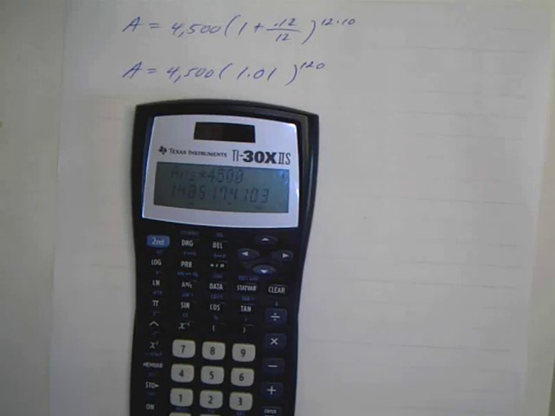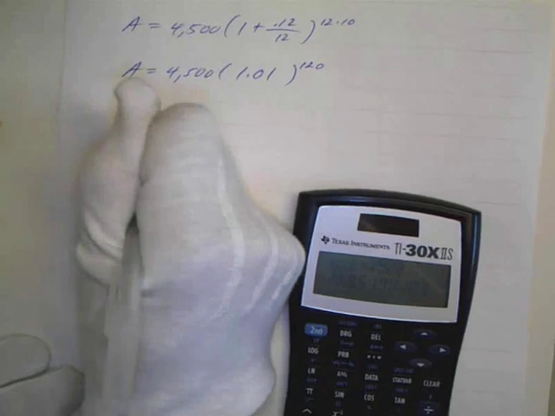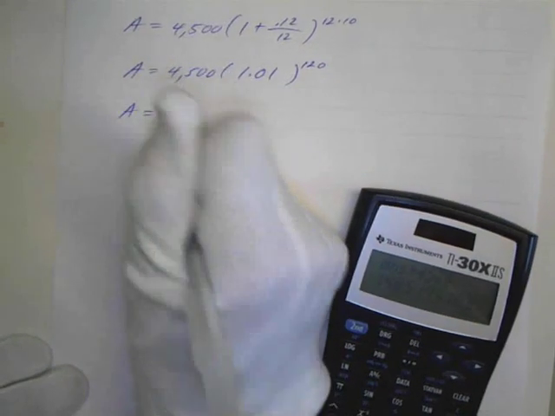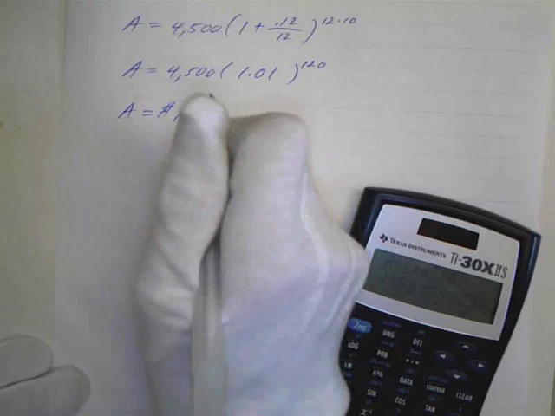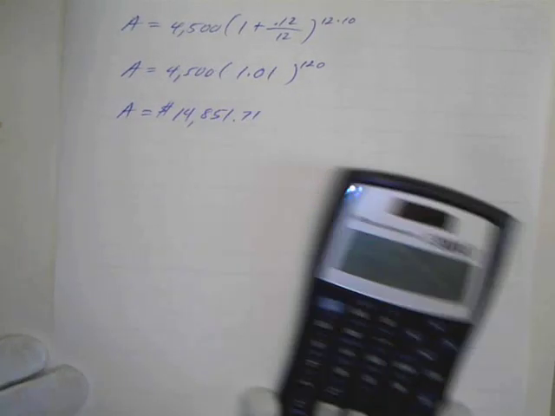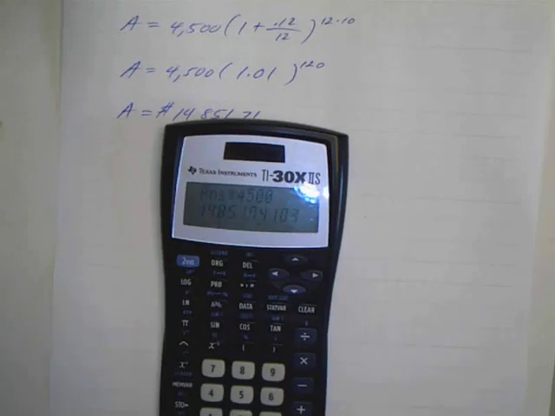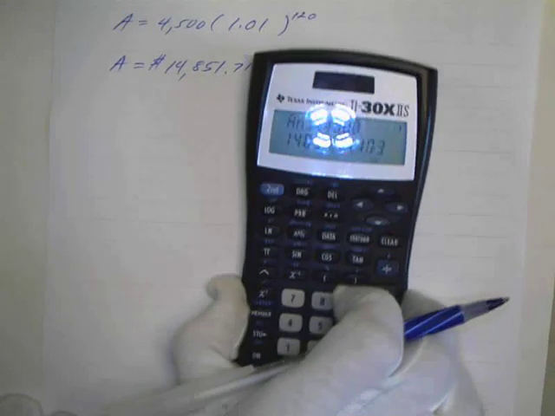And you get $14,851.74. Okay, now you could have done a little bit more of this by using parentheses.